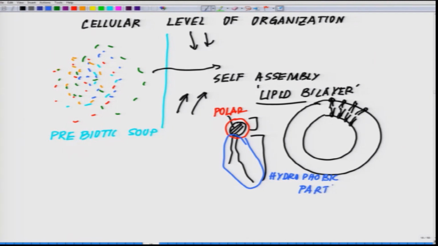So the biggest triumph was, and is, how they self-assemble to form a structure, and on such a structure they develop systems of different kinds of transport mechanisms: energy-dependent transport, unidirectional transport, bidirectional transport, channels.